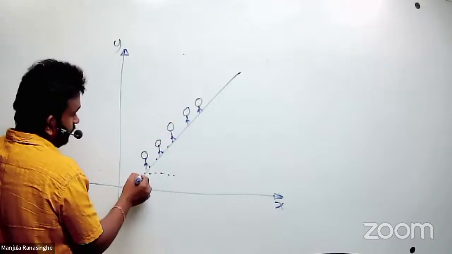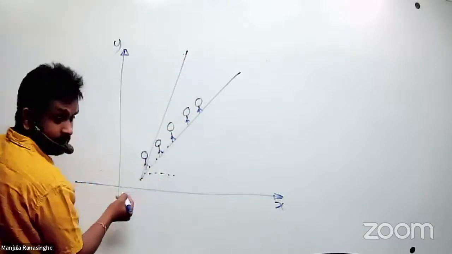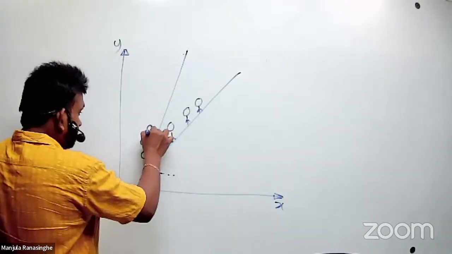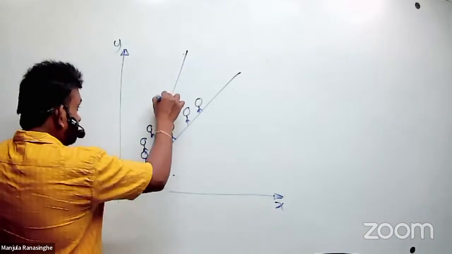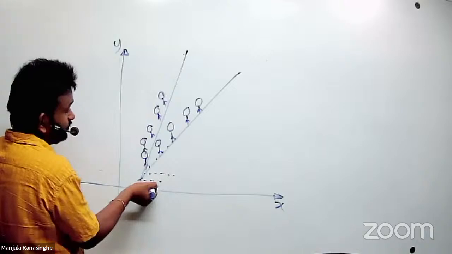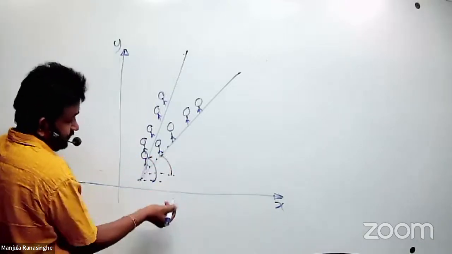But when the straight line is in this manner, climbing up is a bit difficult. That means the inclination is more here, but the inclination is less here.